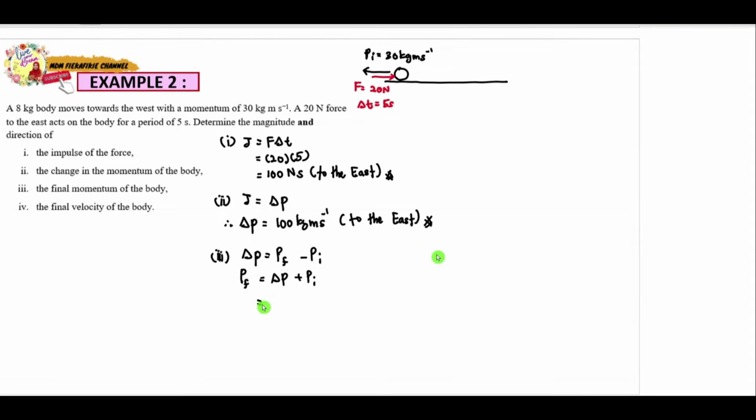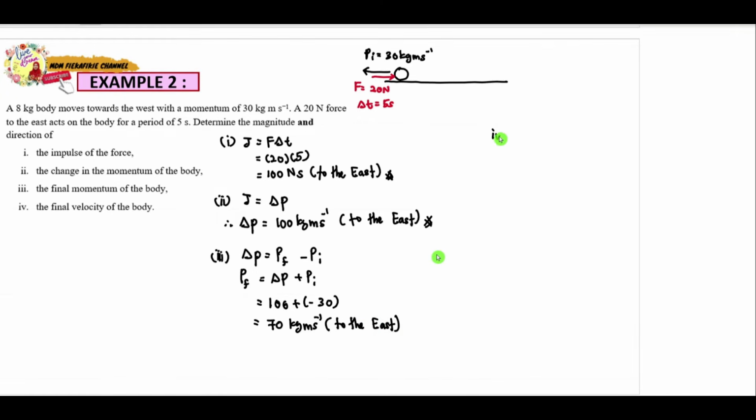So delta p is equal to 100, and given that the initial momentum is 30 kg meter per second and the direction is towards the west, so plus negative 30, okay, and then the final momentum should be 70 kg meter per second and the direction is to the east. Okay, since the value is positive.